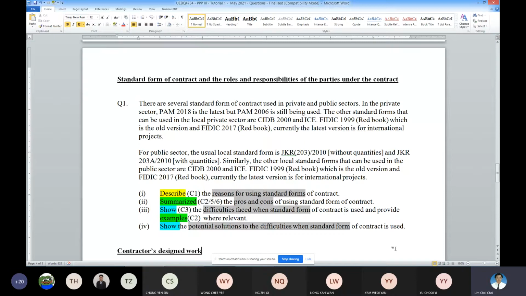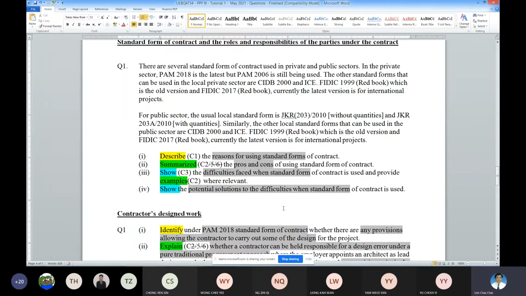This must be very clear to you, because you're reaching a level where you're going to go out to work already. So you must start training yourself to think critically. This is applicable to PPP 3 plus your FYP, the final project. The final project really needs your thinking skill. There's no such thing as copy and paste.